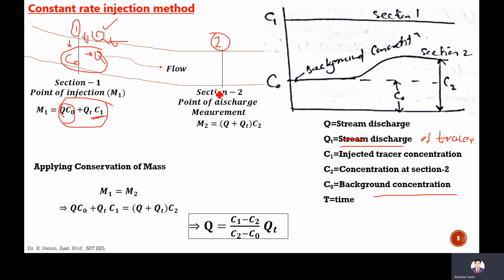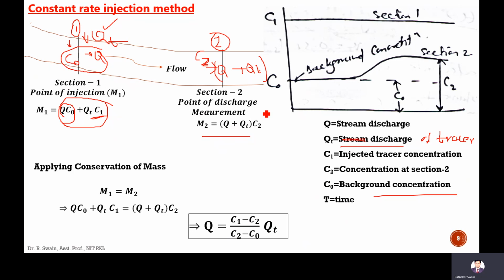At section 2, M2 will be this Q, then we are adding QT, so Q plus QT is the total discharge here. The concentration is, let's say, C2. So M2, the mass at section 2, will be (Q plus QT) into C2.